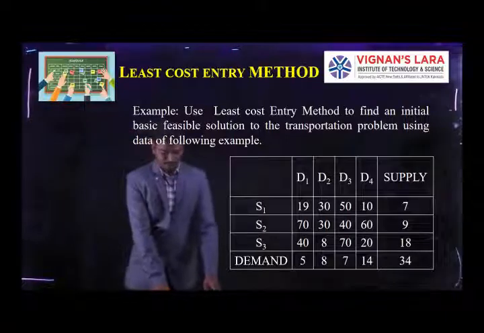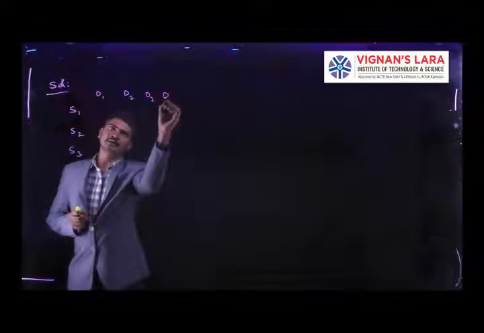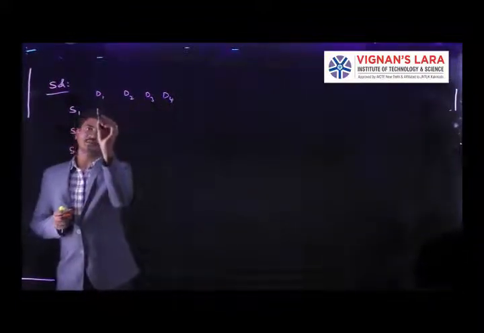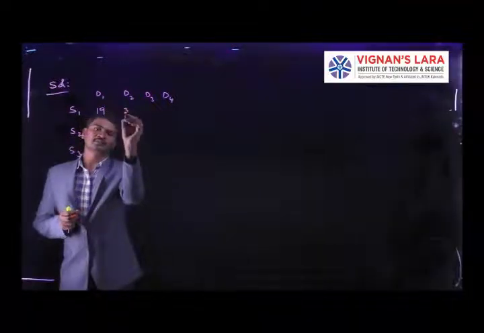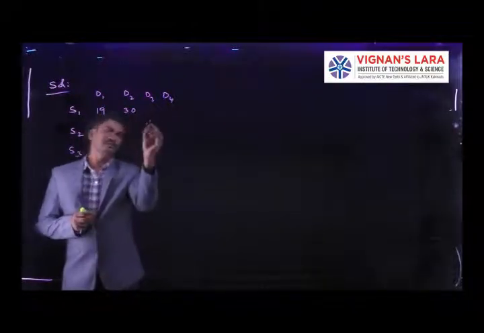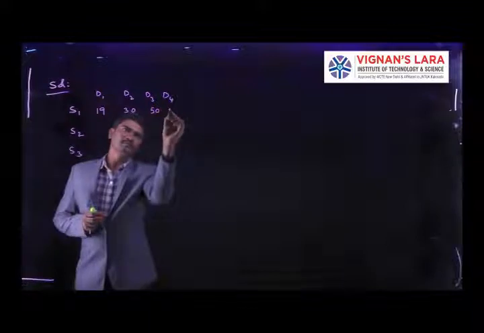How to take the given data? Three supply stations are there, S1, S2, S3, and four demand stations, D1, D2, D3, D4. For the first supply to the first demand center the cost is 19 rupees, the second is 30 rupees, the third is 50 rupees, the fourth is 10 rupees.